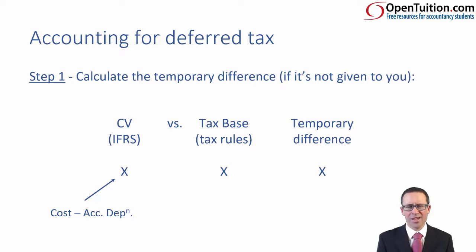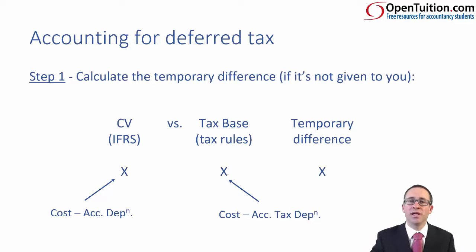That's nice and easy, or at least I hope it is. The tax rules take the same cost, but then apply the tax rules in terms of the tax allowable depreciation. So I've got your cost less your accumulated tax depreciation, or your accumulated capital allowances, or your accumulated tax allowances. It's all in the terminology.